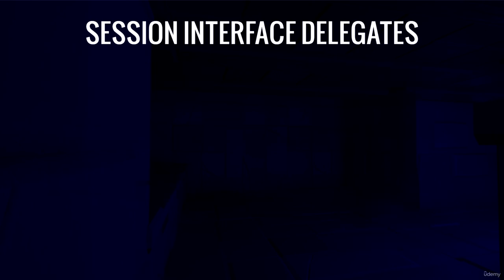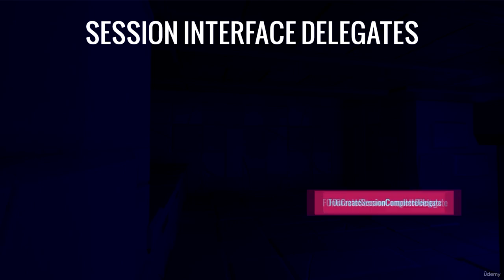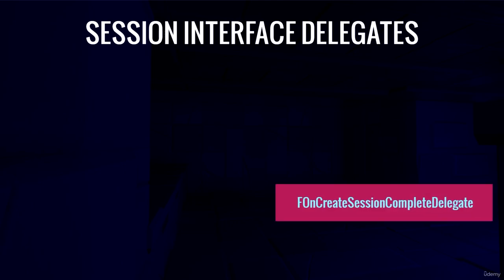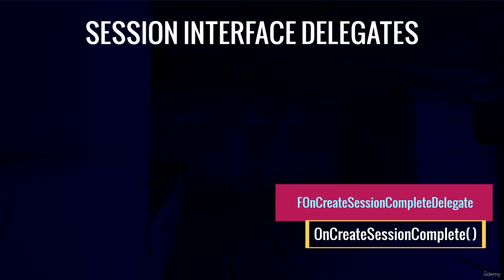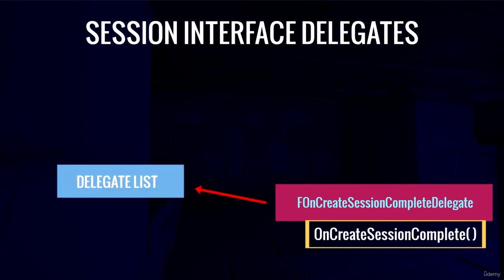We'll first create a variable for one of these delegates of type F_OnCreateSessionCompleteDelegate, and we'll have this variable of this delegate type on our character class for now. We'll also create a callback function on our character class called OnCreateSessionComplete and bind it to our delegate variable. We'll then access the session interface and add our delegate object to its delegate list.